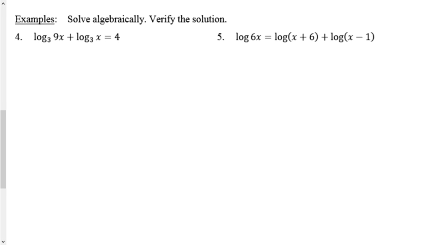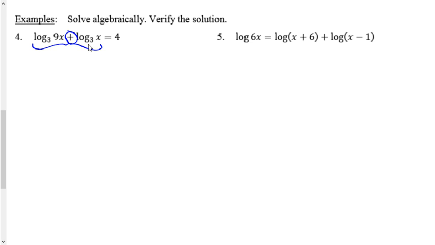As we look at question number 4, I have two logarithms on the left, and what I can do is use that law of logarithms to combine these into a single logarithm. So because I have addition of logarithms, and remember a logarithm is an exponent, so I'm adding exponents. When do I add exponents?